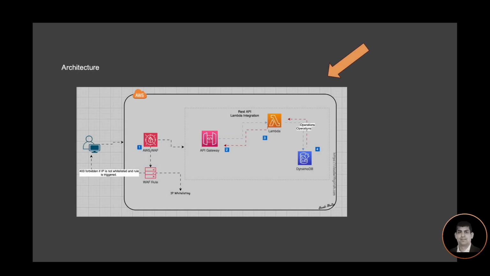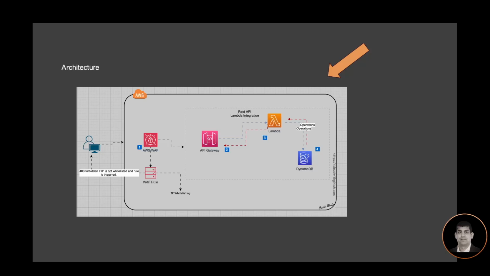We have a consumer that wants to invoke the API hosted in the API gateway, and this API is utilizing a serverless function which is Lambda, and Lambda is integrating with the DynamoDB that has the data stored. So based on the request, data will be created or retrieved from the DynamoDB using the API.